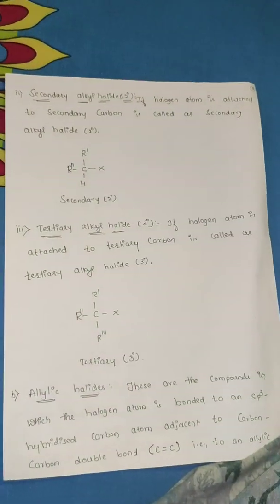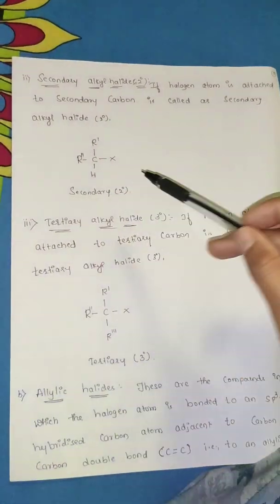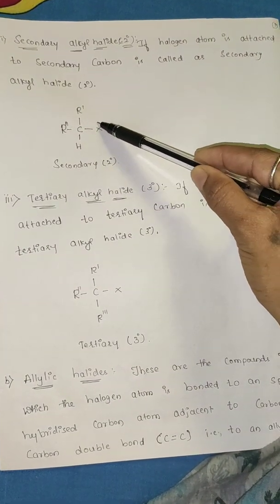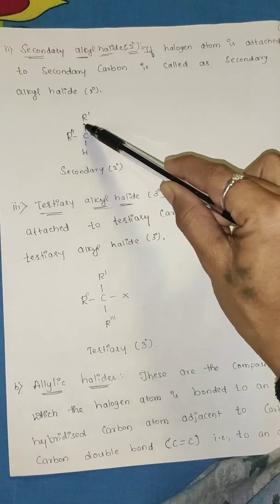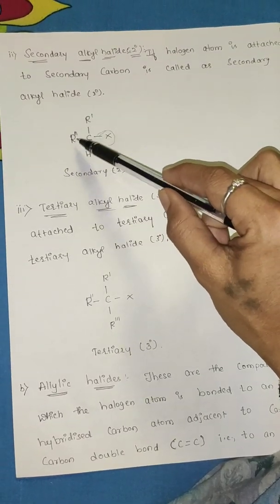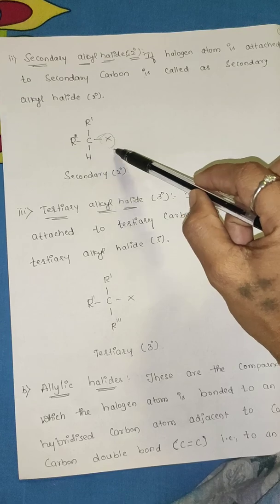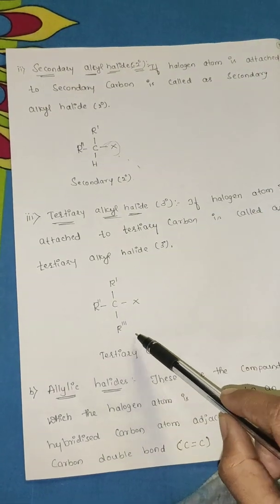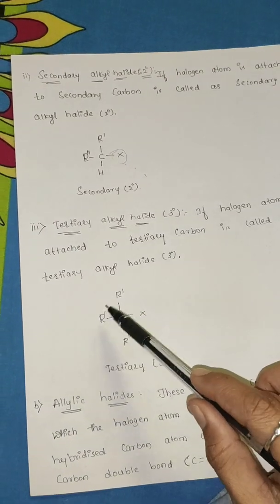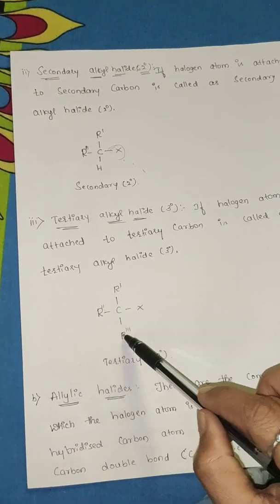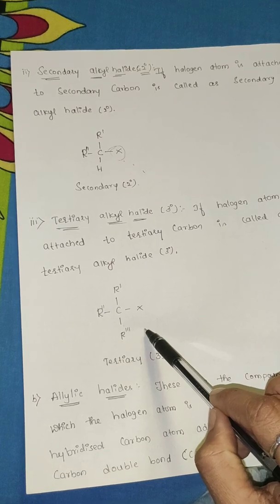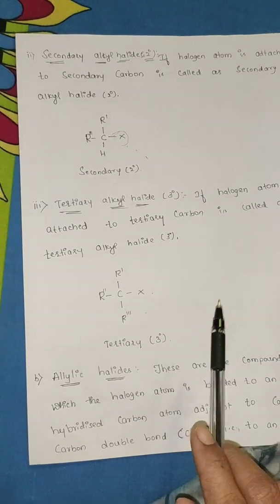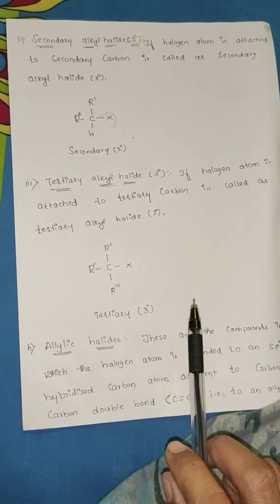Similarly, this is called a secondary alkyl halide. If the halogen atom is attached to a secondary carbon atom, this is called a secondary alkyl halide. Similarly, tertiary means the carbon consists of 3 alkyl groups, and such an alkyl halide is called tertiary. This is about primary, secondary and tertiary.